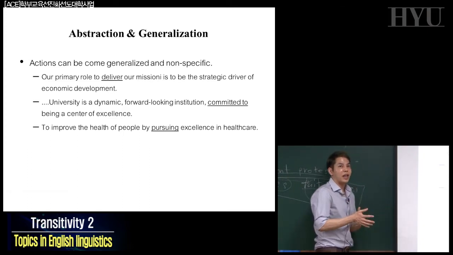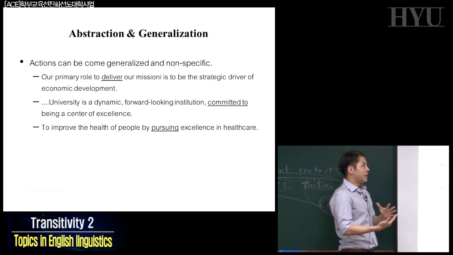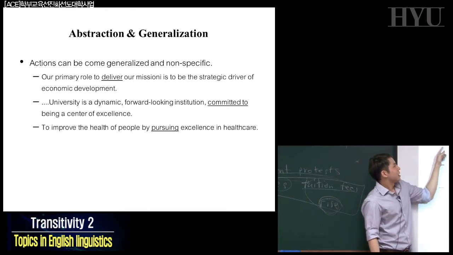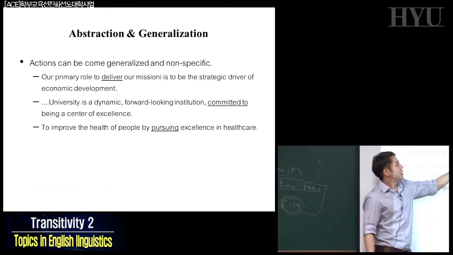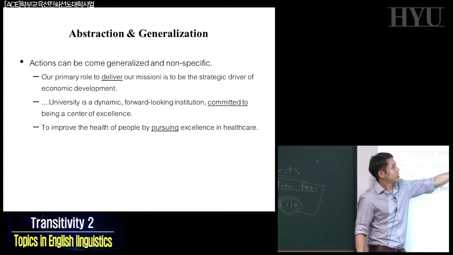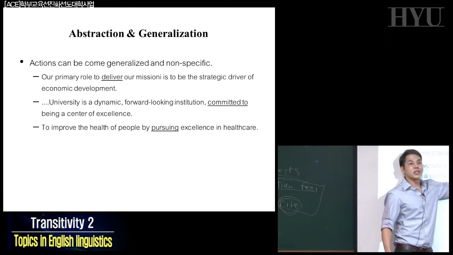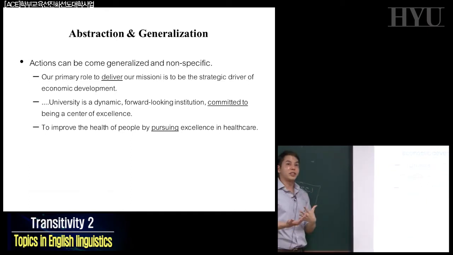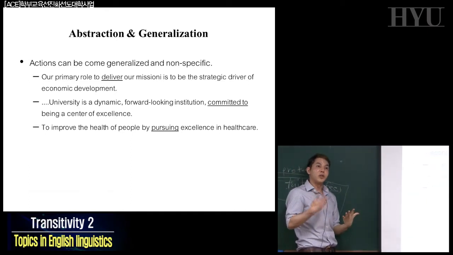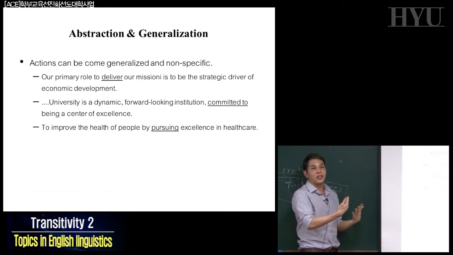They are so abstract that we don't even know the details. Like if you read this, our primary role is to deliver, our mission is to be the strategic driver of economic development. To deliver the mission, it sounds good, right? To deliver the mission, to accomplish the mission, but do we know what exactly is done to achieve the mission? We don't know.